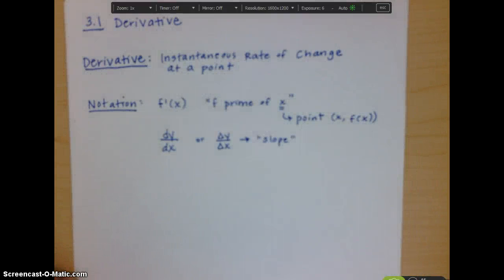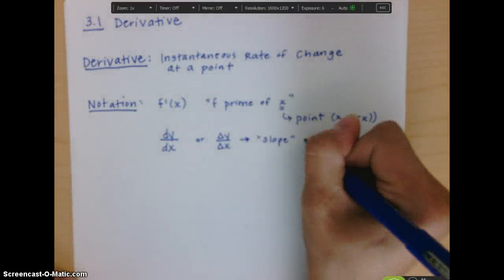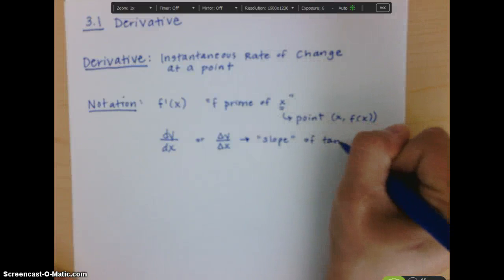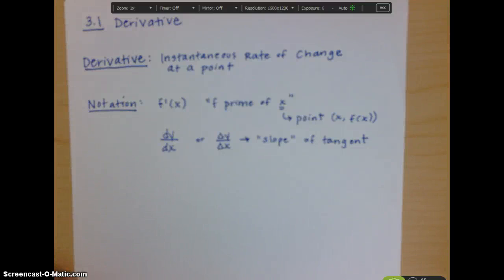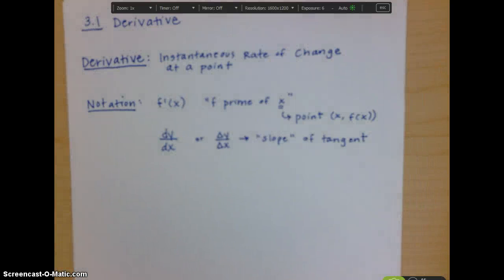And so the slope part comes from the slope of the tangent line. And again, that goes back to the fact that we're talking about the instantaneous rate of change, which is the slope of the tangent line, as opposed to the average rate of change, which is the slope of the secant. So there are actually several more notations for derivative, but those are the two most common ones, and those are the ones that we will use most often.